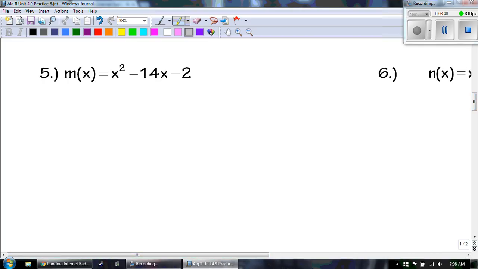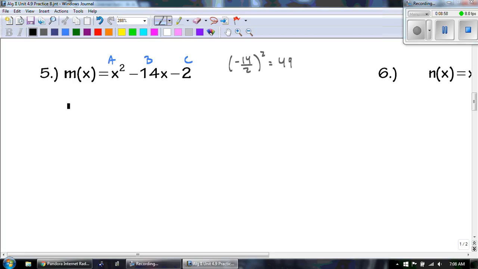All right, number 5. So there's no GCF. I want to take b divided by 2. So it's negative 14 divided by 2 squared, and we get 49.